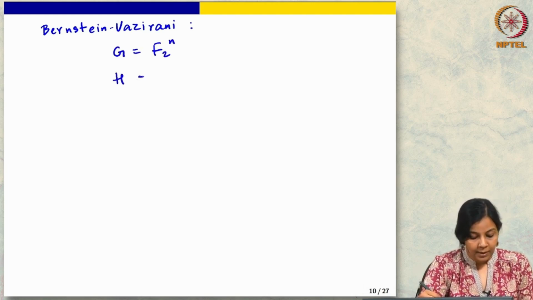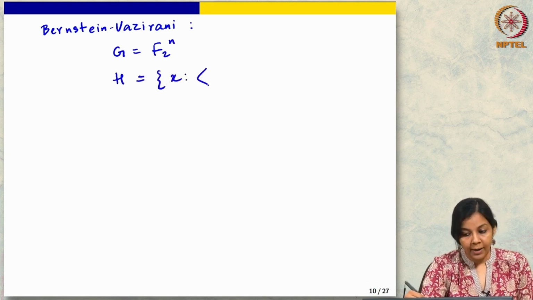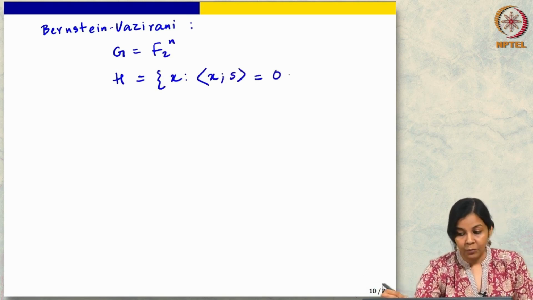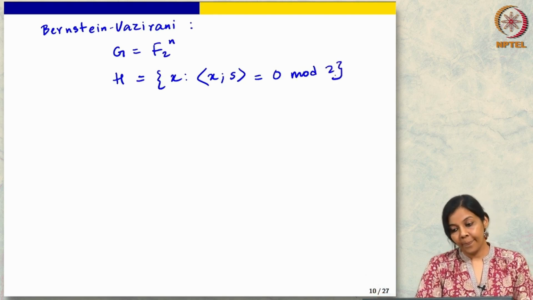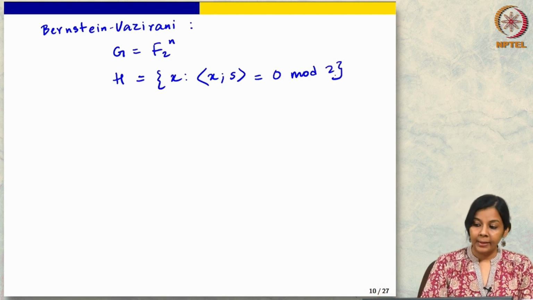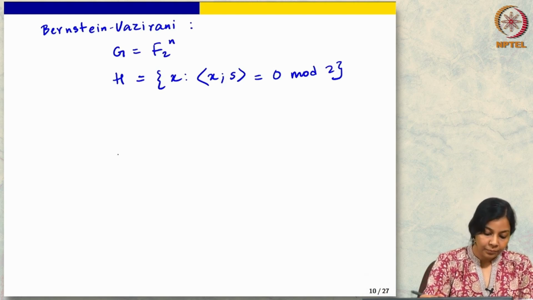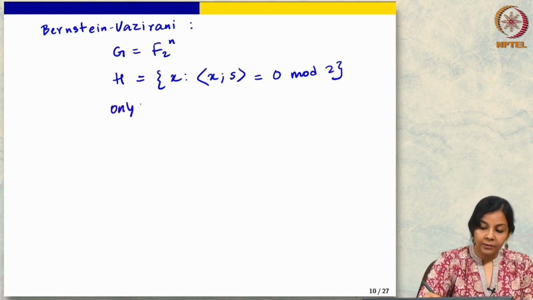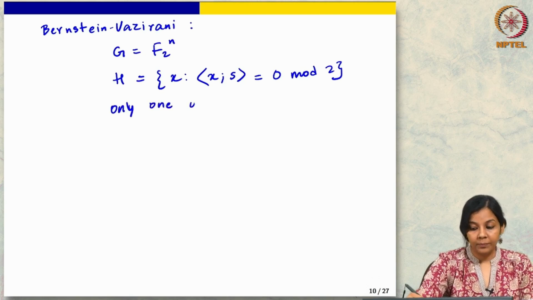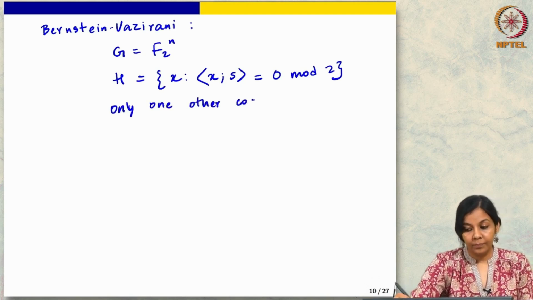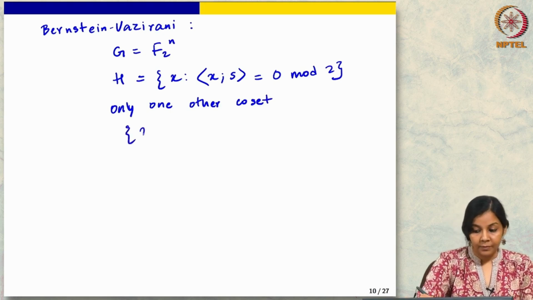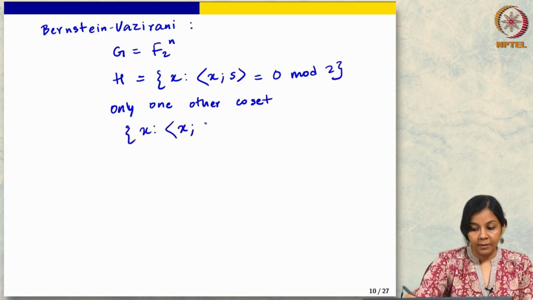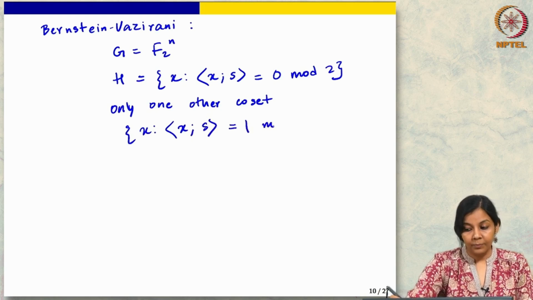H is all x such that x inner product S is 0 mod 2, okay, and there is only one other coset, which is X such that X inner product S is 1 mod 2.